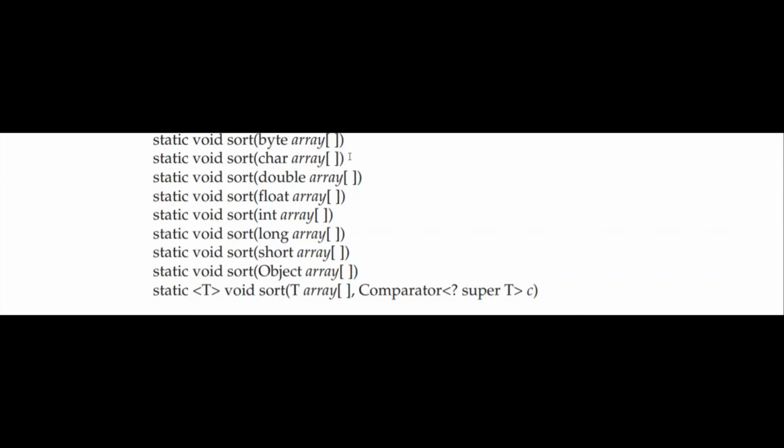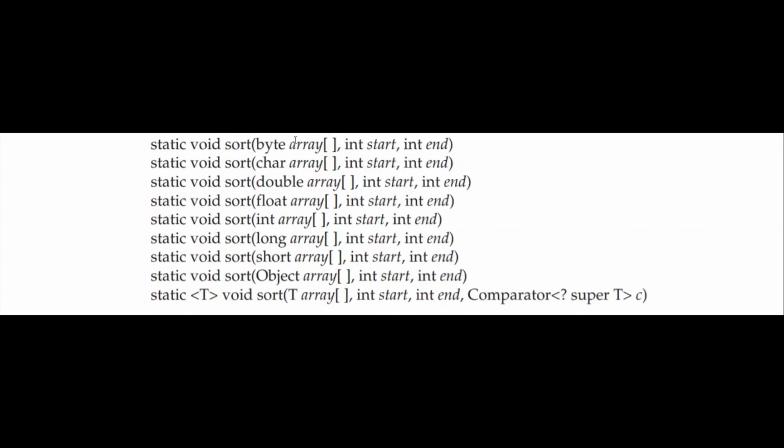For example, this one will sort the entire array. Suppose we don't want to sort the entire array and want to sort only a part of it, then we can specify the starting and the ending index like this. Sort the byte array, starting index and ending index, like this.